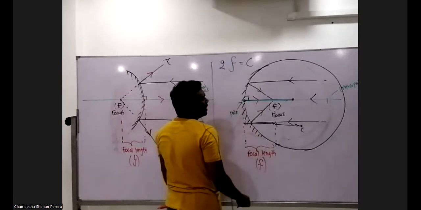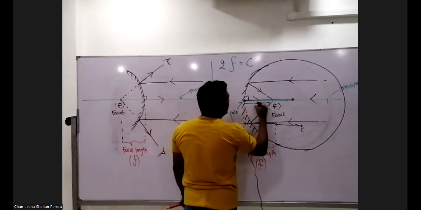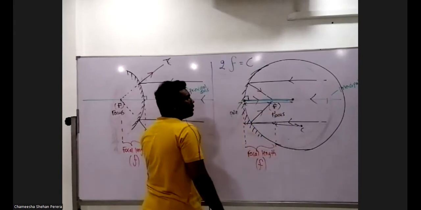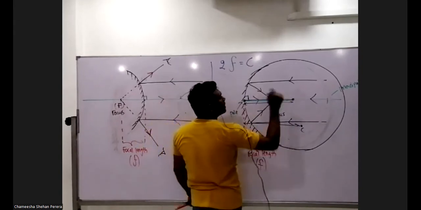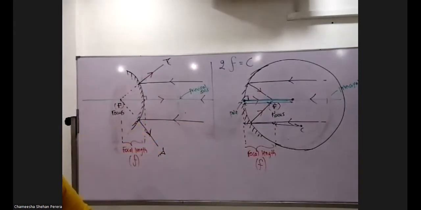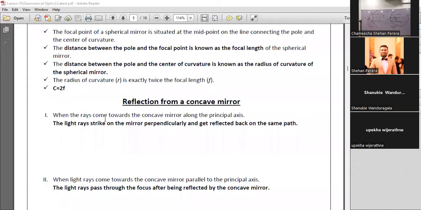That means when you calculate two focal lengths, you could reach from the pole to the center of curvature of the curved mirror surface, right? Okay, read it, Sharuki. The radius of curvature R is exactly twice the focal length. That means capital C is equal to 2f.